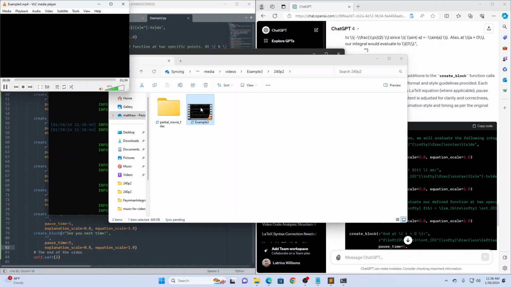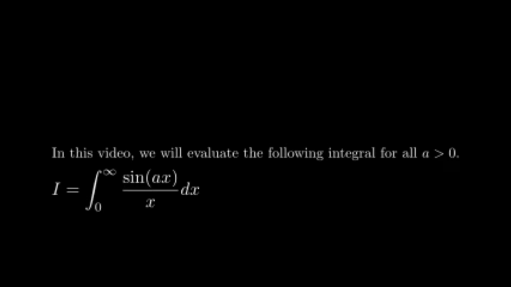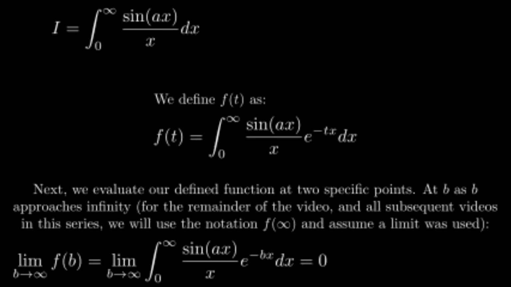Okay, again, wrong title. We'll change that here in a second. All right, so we're evaluating the following integral for all a greater than 0. Yeah. We define f of t. Yeah, that's okay. That's good. That's what we want to do. Next, we evaluate our defined function at 2 specific points.